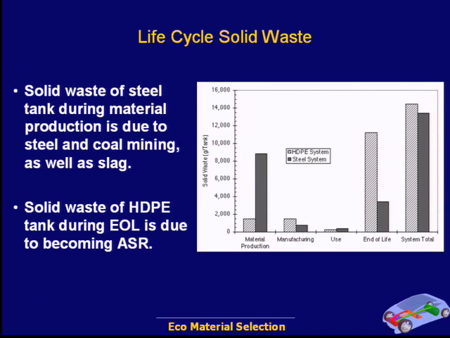Repair, maintenance, warranty is rare. End of life, certainly you're going to have much more solid waste in the high-density polyethylene system, especially here in the U.S., as this fuel tank's unlikely to make it back into the recycled stream. Okay, the steel stream makes some waste, but not as much. So on the whole, it's roughly a wash.